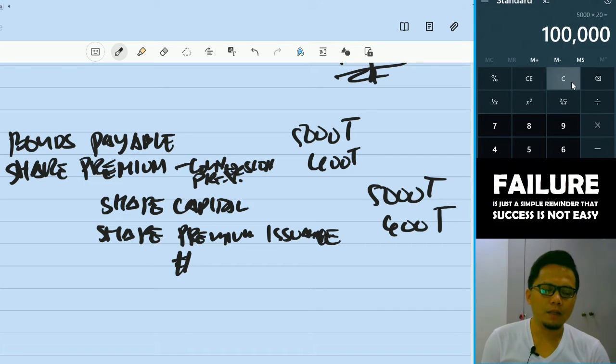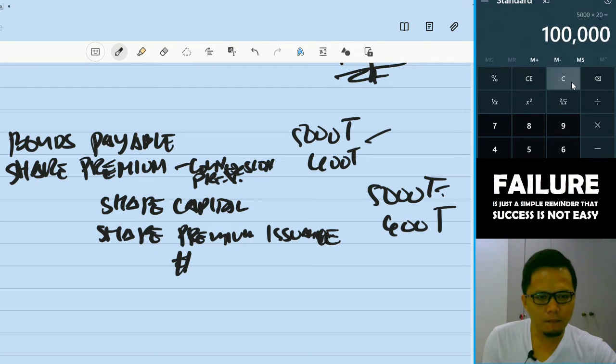Diba? Simple lang, no? If you may notice, the carrying amount is equivalent to share capital. Now, this is just a coincidence lang ha. Baka sabihin nyo na face amount is always equivalent to share capital. No. This is just a coincidence. What is correct is that share capital is computed as the total number of shares converted multiplied by the par value.